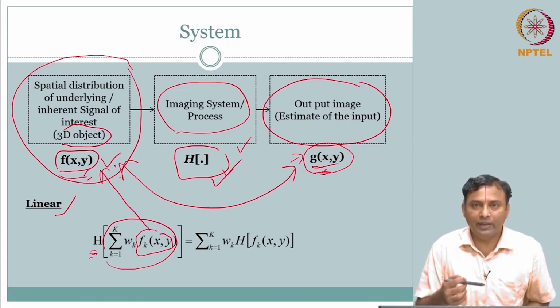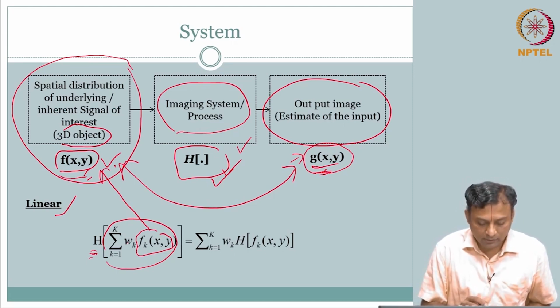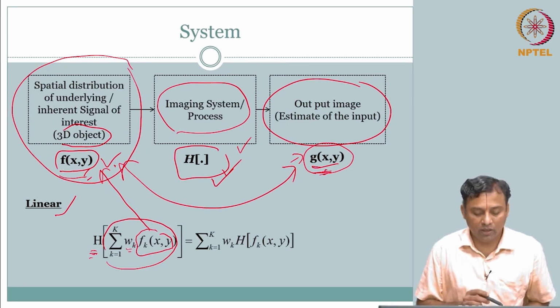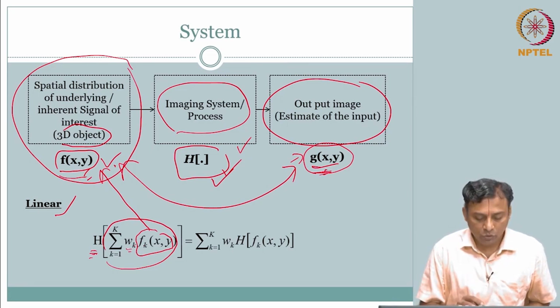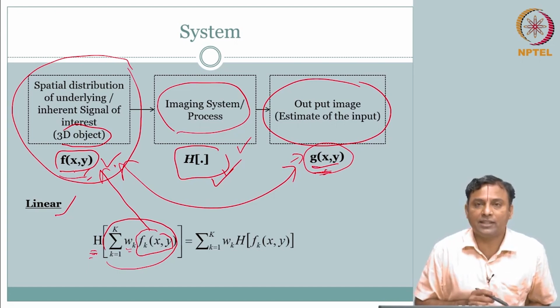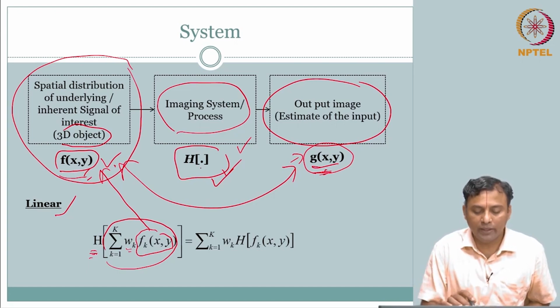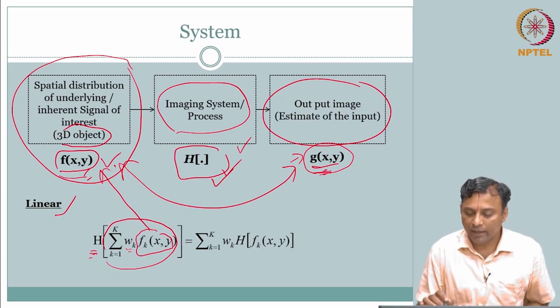So, if you have to read this, what this physically means, it says this is some weight, let us call it w as a weight. So, you have a function f of x comma y. If I give f of x y to this system h, if h operates on f of x comma y, I get an output g of x y.